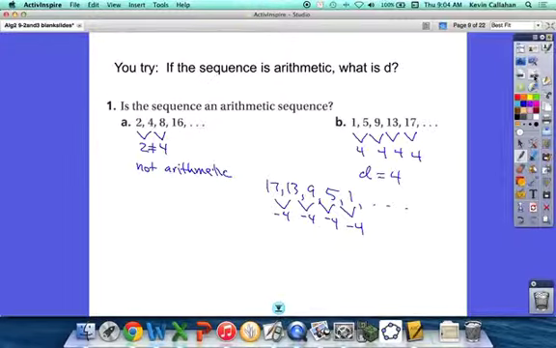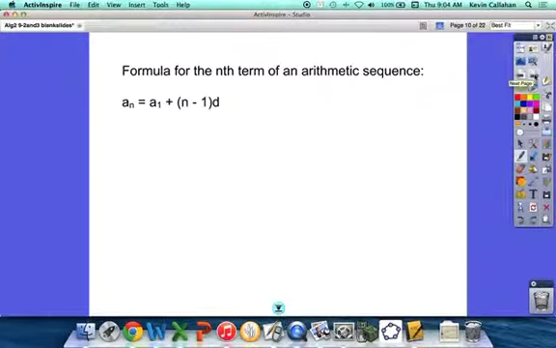Okay, next step. There is a formula for the nth term of an arithmetic sequence. It's right there. a sub n, remember, a sub n means the nth term or any term in the sequence, equals a1, the first term, plus n minus 1 times d.